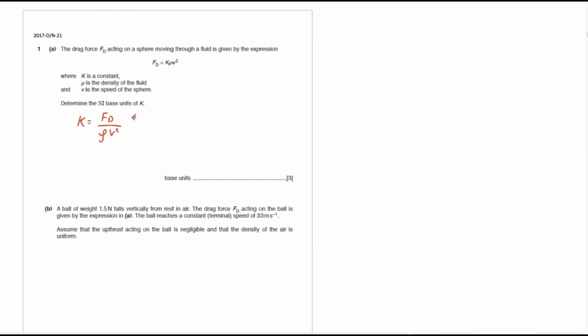Then I consider the unit of each of these. Drag force is newton. Density is mass over volume, so it's kg m^-3. Velocity is meter per second, and squared.